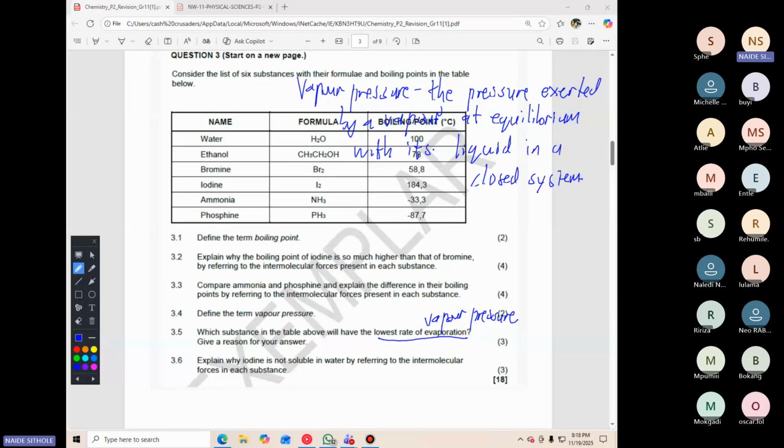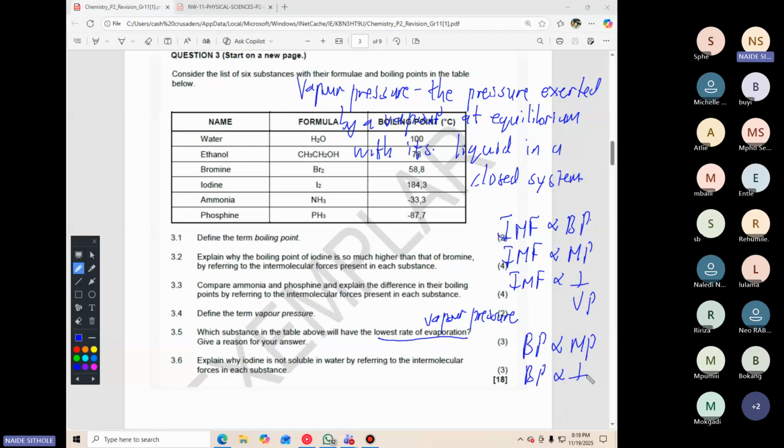Remember, intermolecular forces are directly proportional to boiling point and to melting point, but inversely proportional to vapor pressure. Boiling point is directly proportional to melting point, but boiling point is inversely proportional to vapor pressure, and melting point is also inversely proportional to vapor pressure.